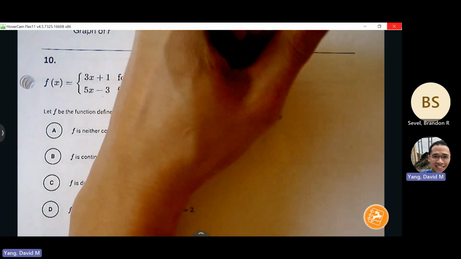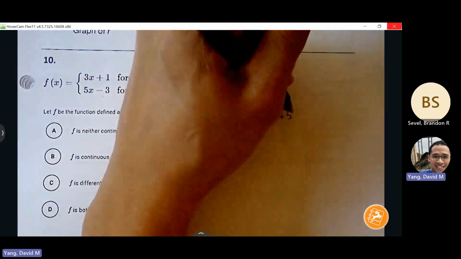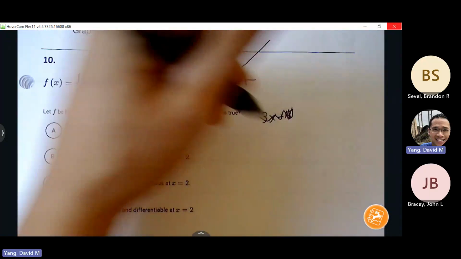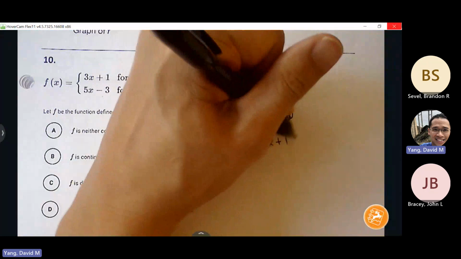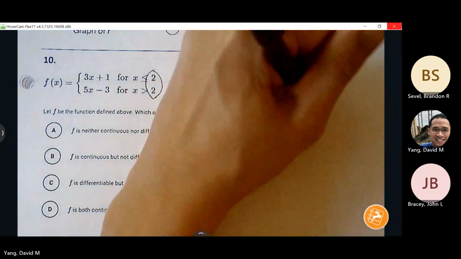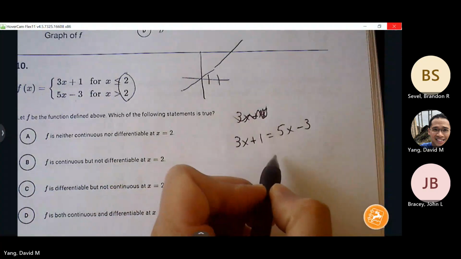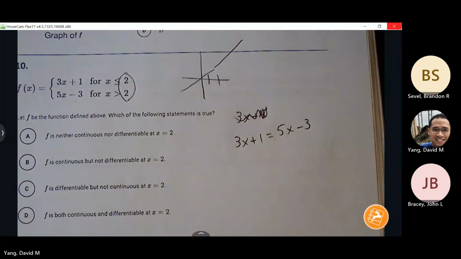Okay, so 3x plus 5. Sorry. Basically I just find f of 2 for both of these, but yeah, I can just set them equal to each other. If I solve for x, yeah, you're right.